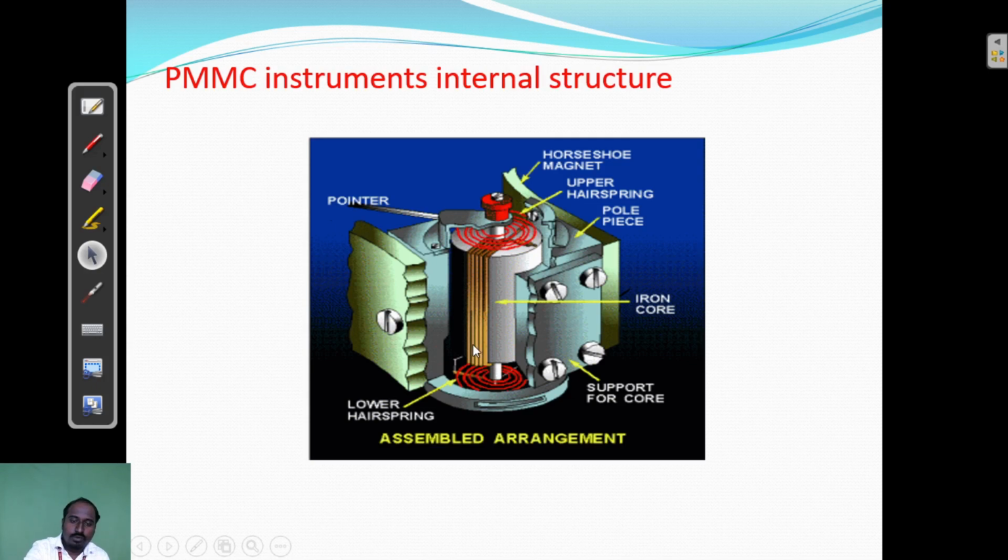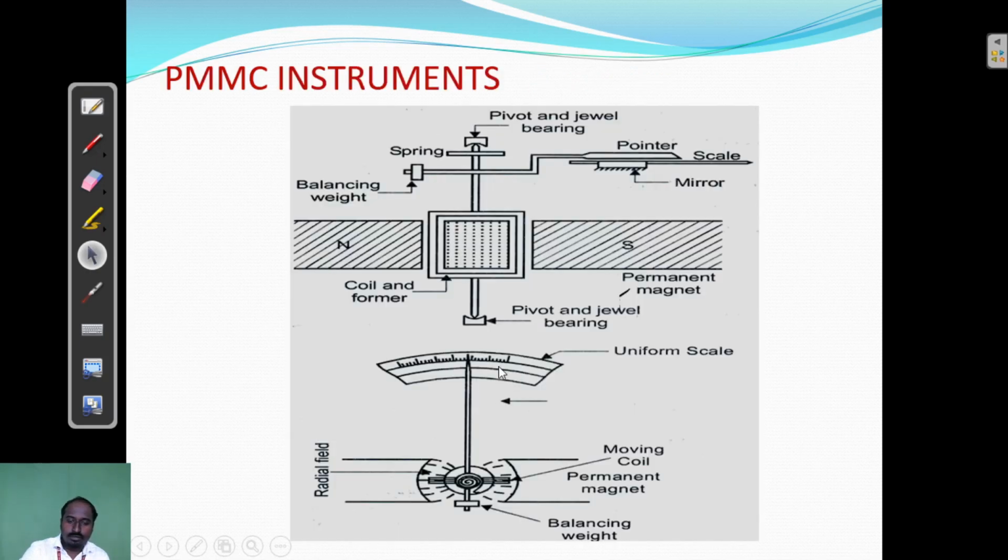The coil is wound on an aluminum former, and at the center of the core is provided a spindle. You can see this diagram also. This is a one-dimensional representation of a permanent magnet moving coil type instrument, so this will be very clear.